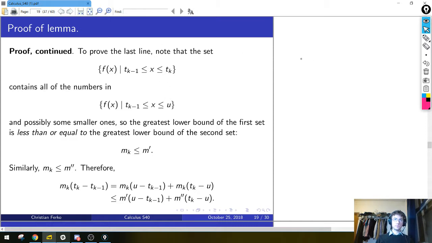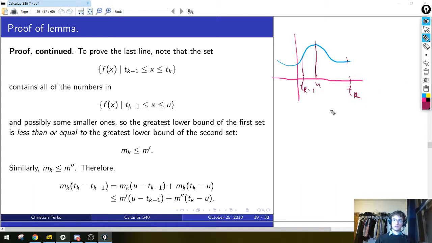Okay, so to prove that last line, we're just going to notice something. We're going to look at the set of all f of x's on the interval from t sub k minus 1 up to t sub k. So if f looks like, I don't know, something wiggly, and there's a t sub k minus 1 up to t sub k, and I chop it with another point u.